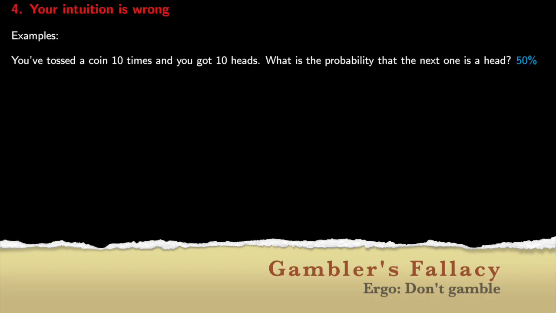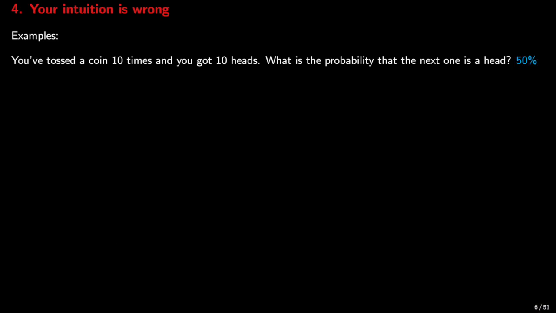But that's not true. The probability is 50%. If we have a fair coin, then the probability that the next outcome is a head is 50%, and 50% for tails. Some other people might think that it's more likely to see a head again, because this coin seems to have the tendency to produce heads. But again, if it's a fair coin, the probability, I repeat, is 50%.